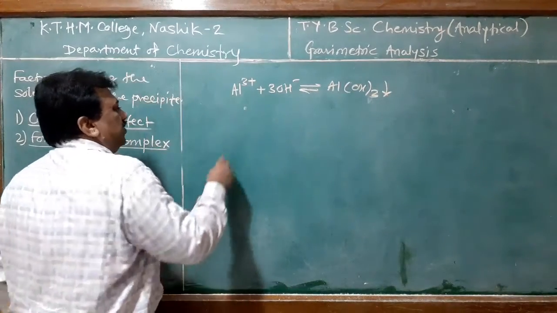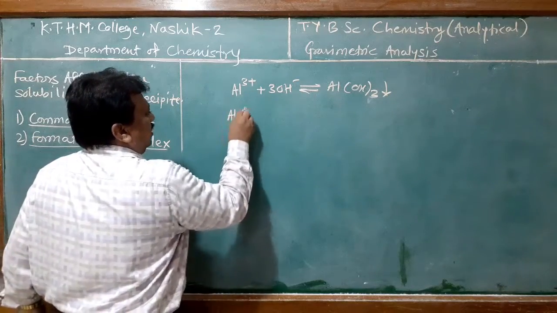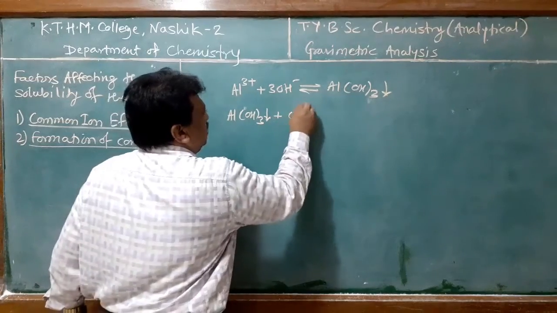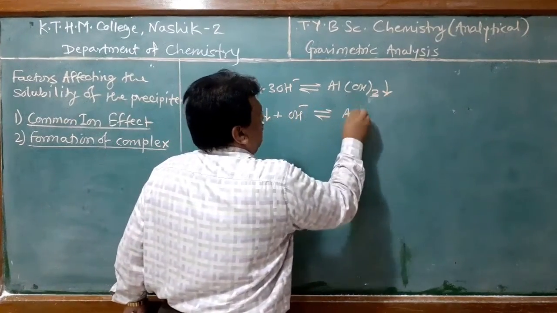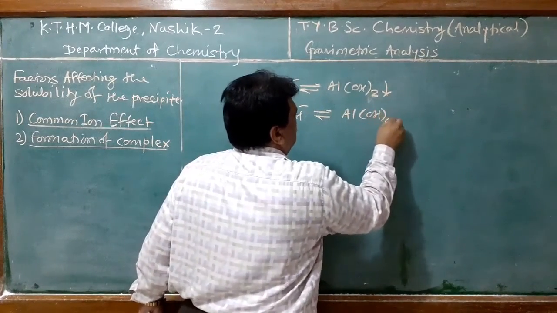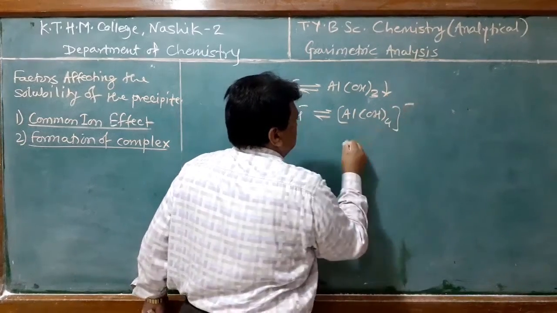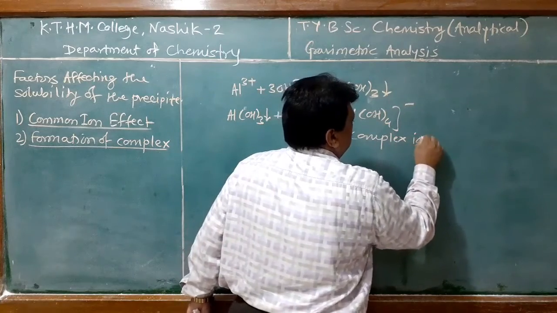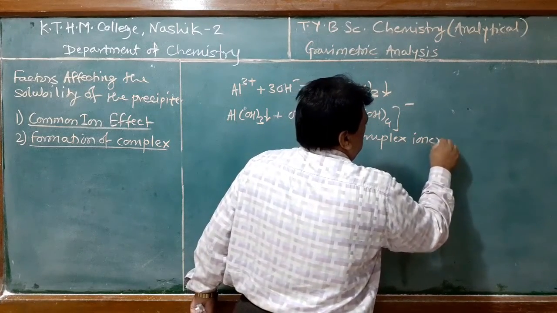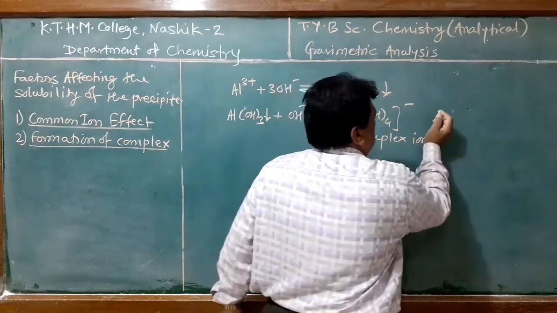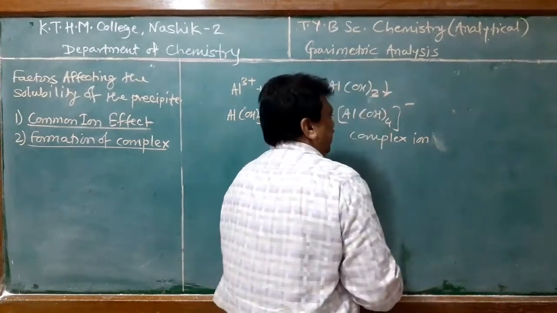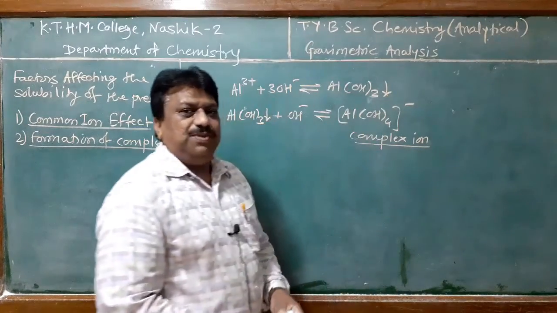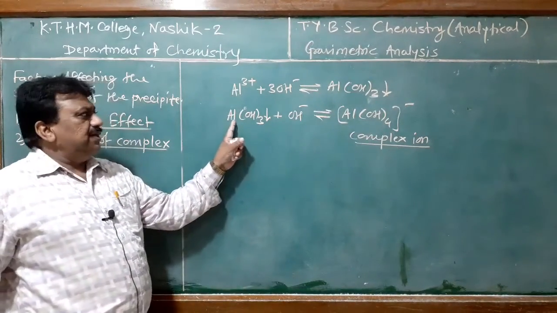In this case, aluminum is the analyte, hydroxide ion is the reagent, and therefore Al(OH)3 precipitate is formed. But when we use excess of hydroxide ion, then this Al(OH)3 precipitate gets dissolved by forming the ion Al(OH)4 minus. This ion is a complex ion, and that complex ion increases the solubility of the precipitate.